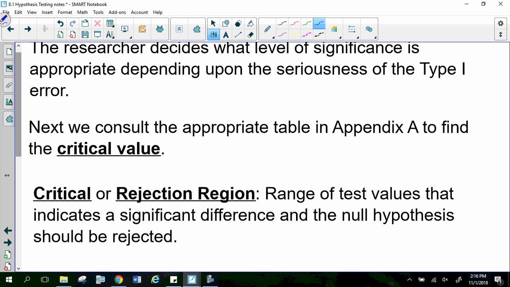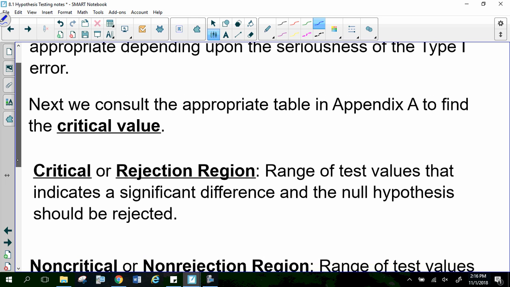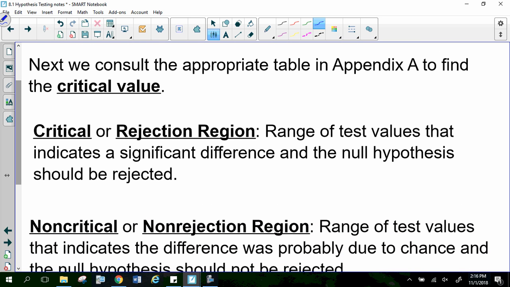Once you have your alpha, you find your z sub alpha over 2 or your z sub alpha, depending on the type of test you have, two-tailed or one-tailed. And then you're going to have a critical or rejection region.